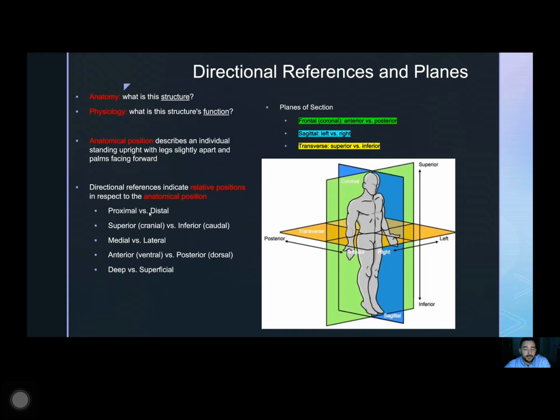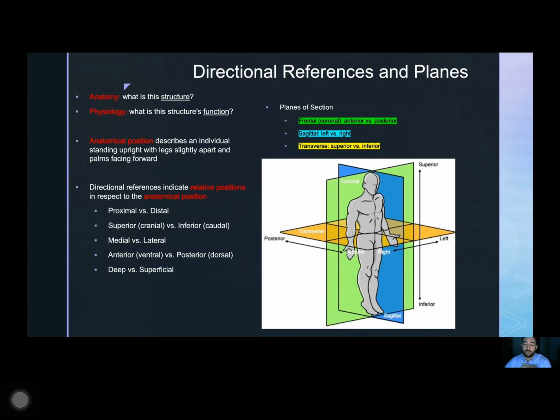Now, proximal versus distal is a little bit more confusing. Proximal means you're in close proximity, so something is close, and distal means further away. But these two words are always in reference to a point that you're talking about. The example would be if I'm referring to my chest or my torso.